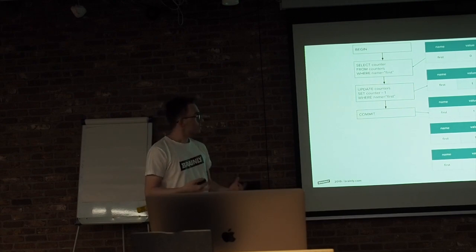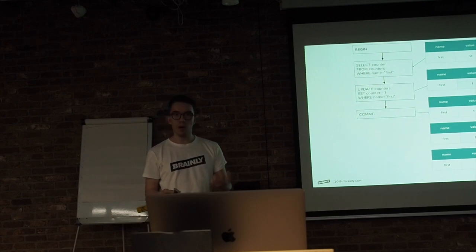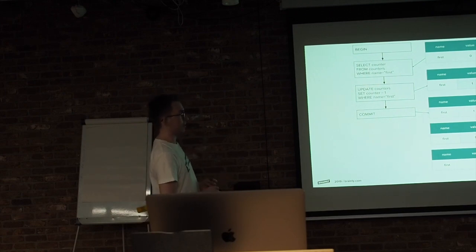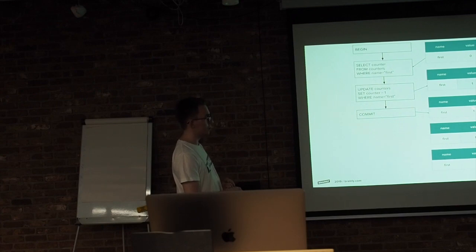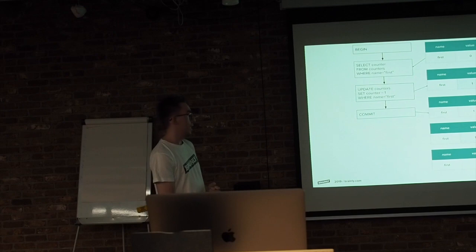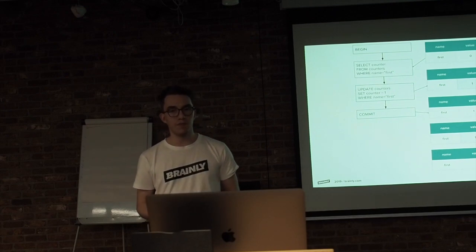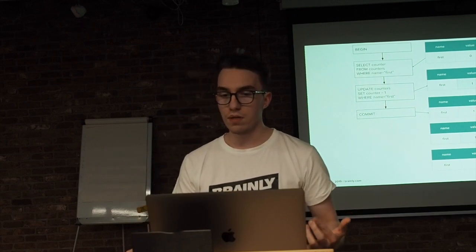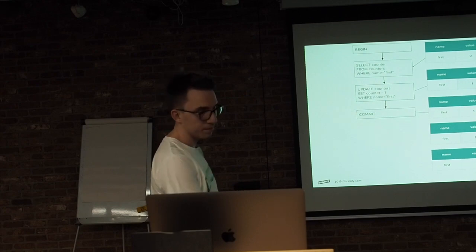We expect that the value should be incremented twice, but it's not, because even though there is a commit and this value is already committed, the second transaction overwrites the same value, which is evidently a lost update, because we lost that update.